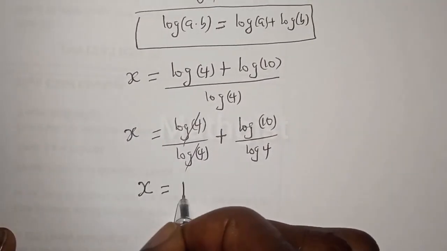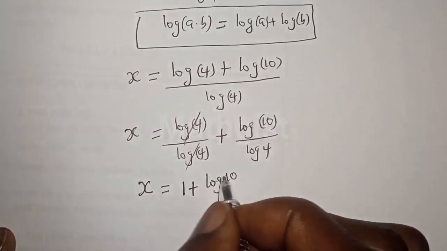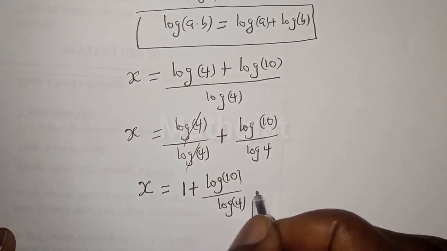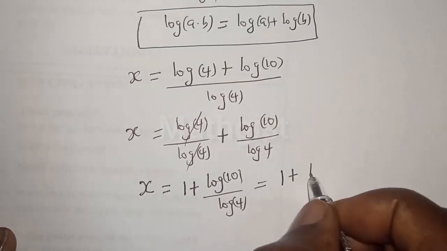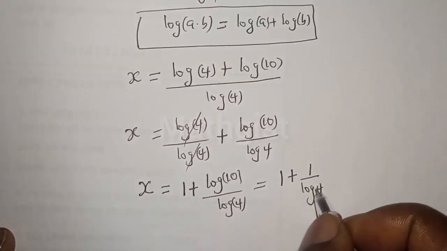S is equal to 1 plus log 10 over log 4, and this is 1 plus 1 over log 4.